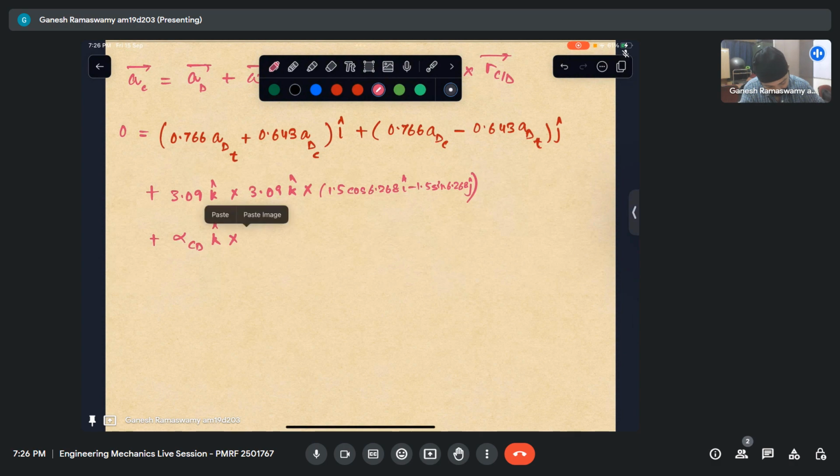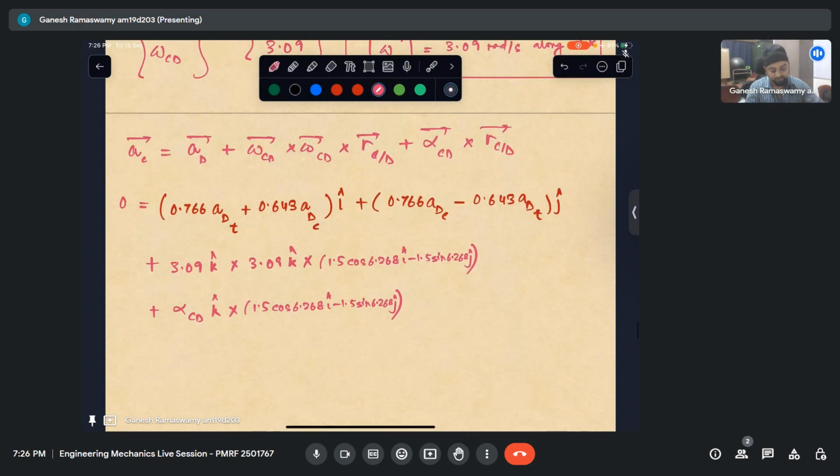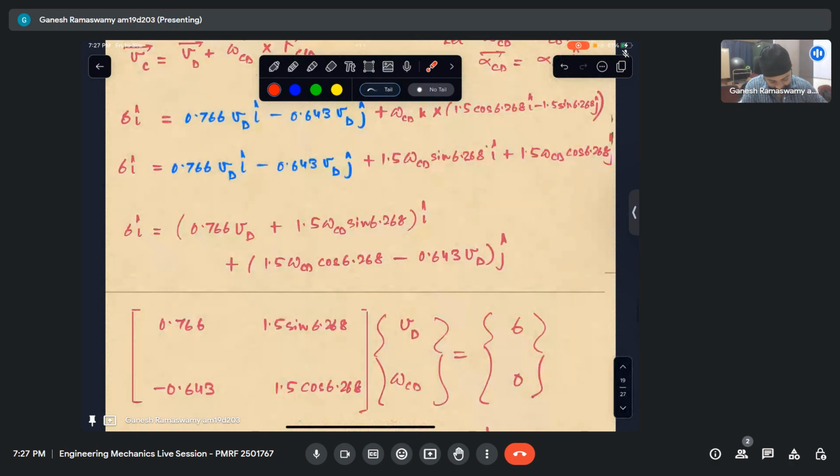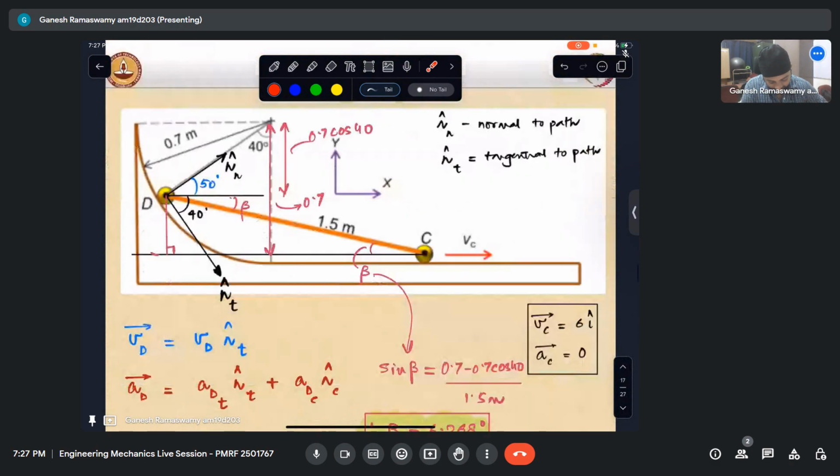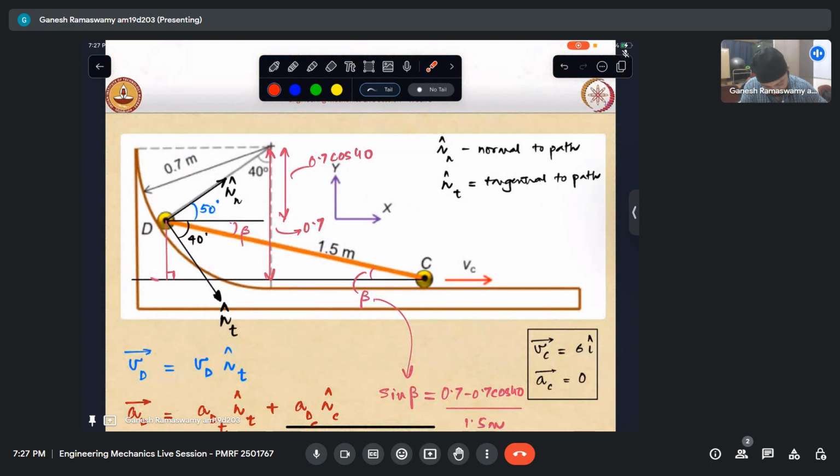Now there is something interesting here to see, that in this equation we have ADT, ADC and alpha CD. So there are three unknowns, whereas grouping I and J terms will only give us two equations. So it appears that it cannot be solved just like that. So there is something more in the physics that we have not looked at. Now for this point D, we know that it is tracing a circular path.